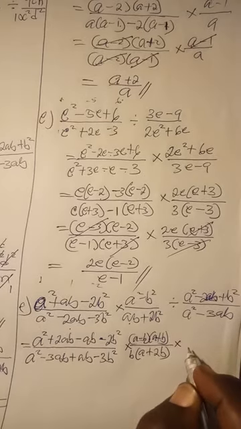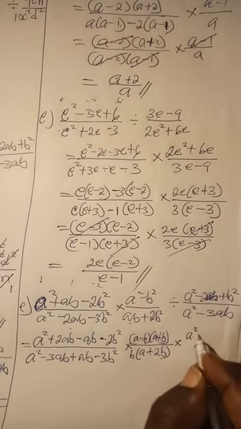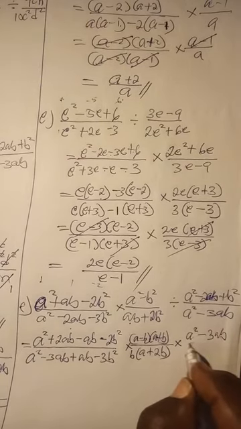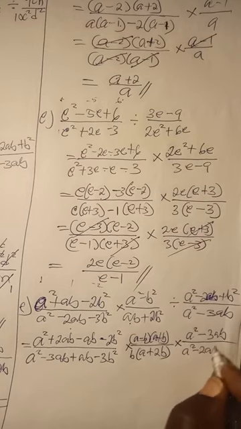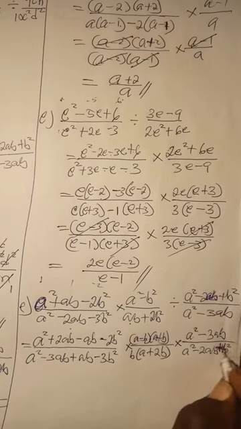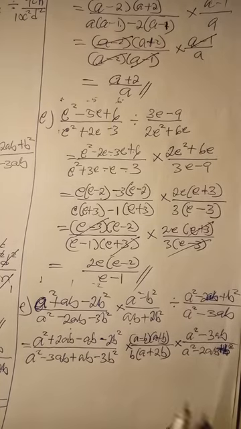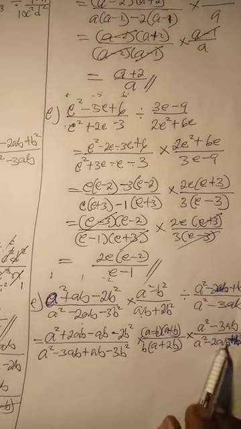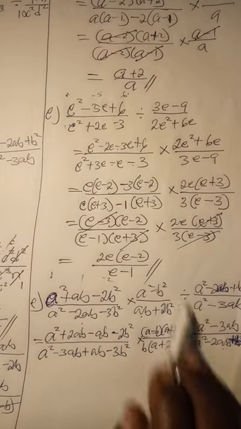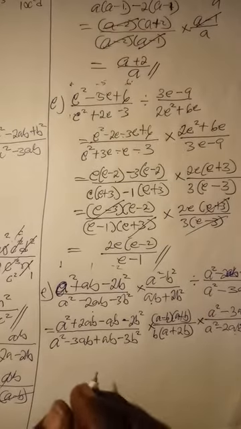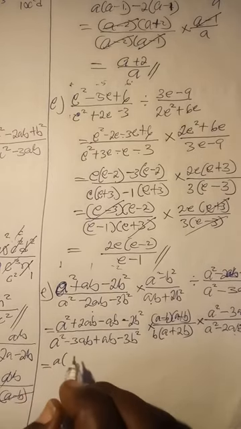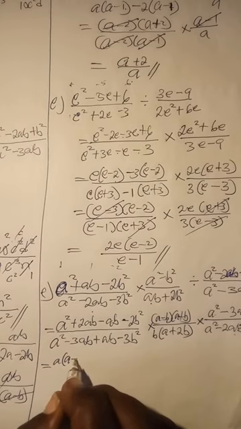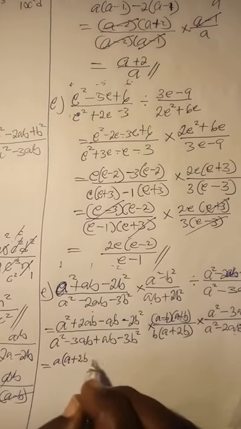Then times, I have a squared minus 3ab over a squared minus 2ab plus b squared plus b squared. See, if you notice, I inverted it, right? This is now denominator, this is numerator because of this changing to this. Okay, so now this will become a factored out to produce a plus b, 2b, right?